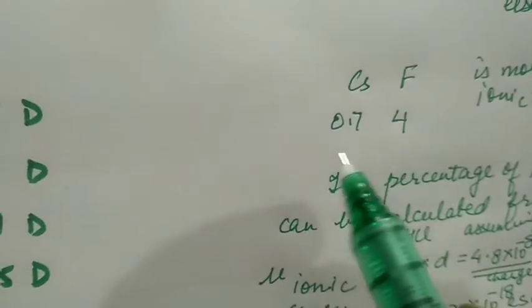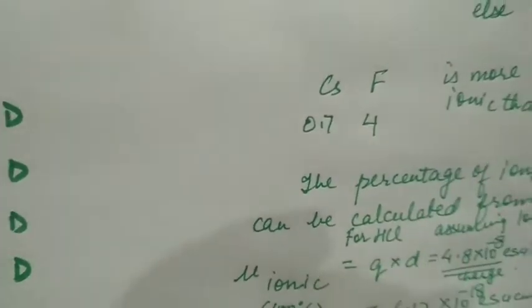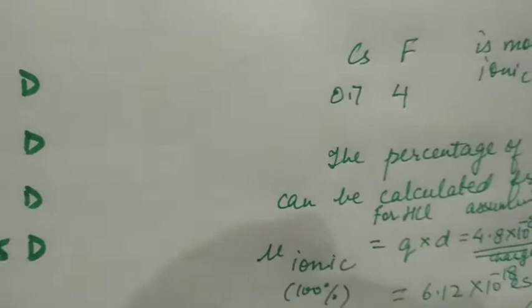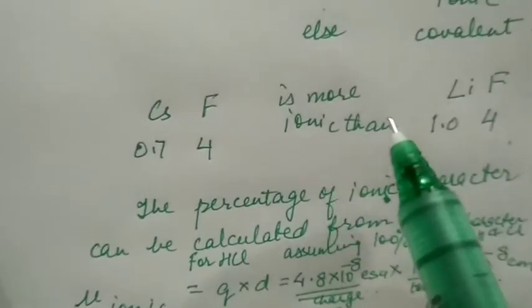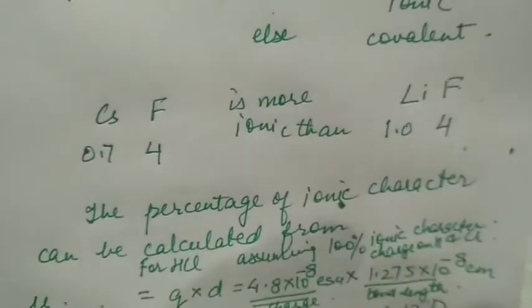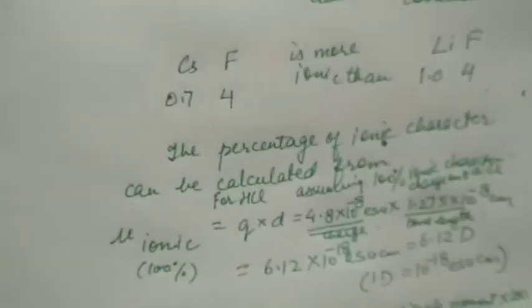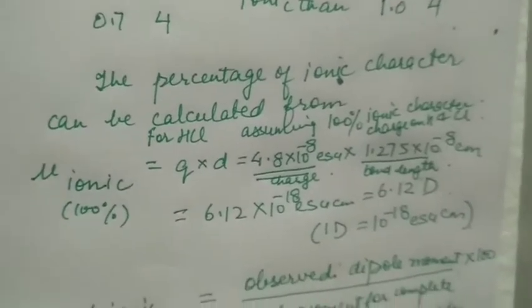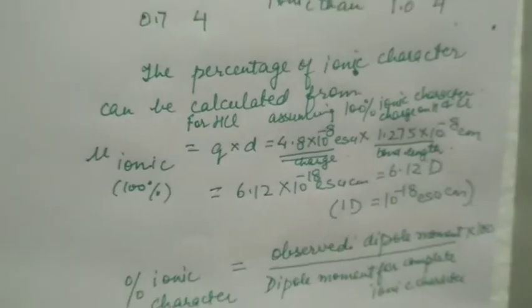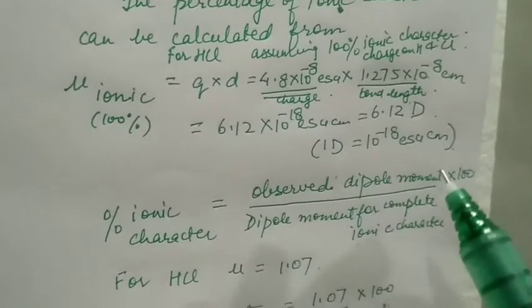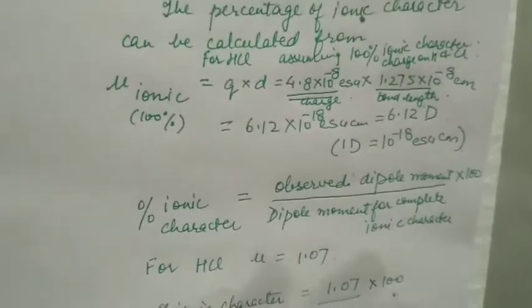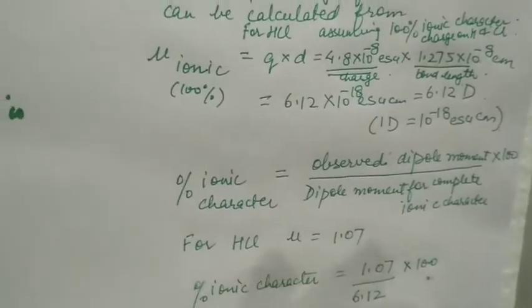For example, cesium fluoride, cesium's electronegativity is 0.7, fluorine is 4. The difference 3.3 is greater than 1.7, so it is more ionic than lithium fluoride. Percentage of ionic character can be calculated from the ratio of observed dipole moment and dipole moment for complete ionic character.